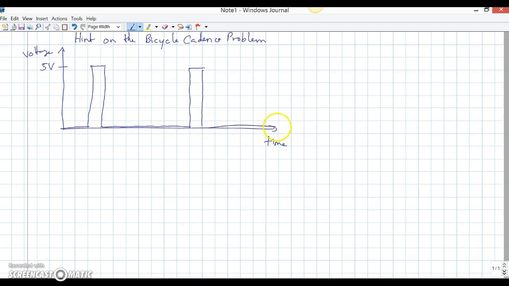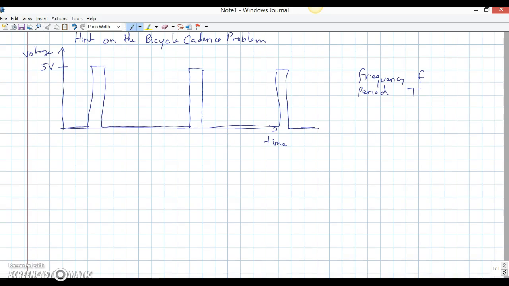Now what we're looking at here is something called a periodic signal. Periodic signals are characterized by a couple of things. One is their frequency, and the other is the period. We're going to use the letter F for frequency and the capital letter T for period.